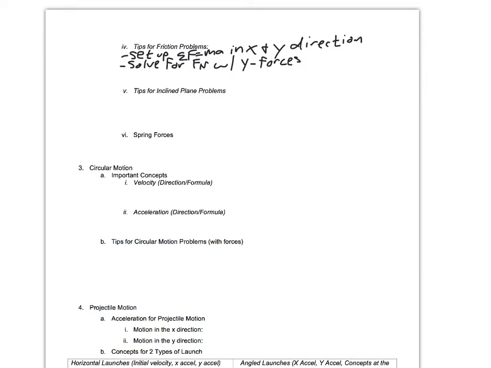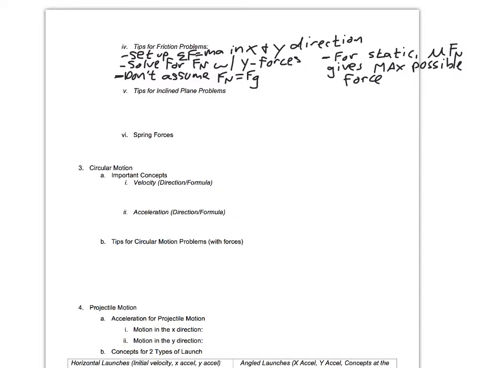One important thing to remember is we shouldn't assume that the normal force equals the force of gravity, although that sometimes is the case. That's not always true, so we need to make sure we know for a fact that those two are equal and not just assume that they are. And the last thing is for static friction: when we do mu times the normal force, that gives us our maximum possible force of friction, but the actual force will be less than or equal to that maximum possible force.